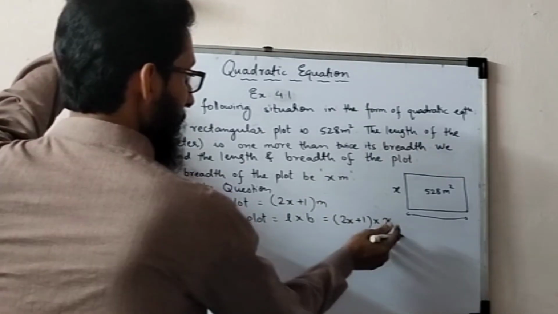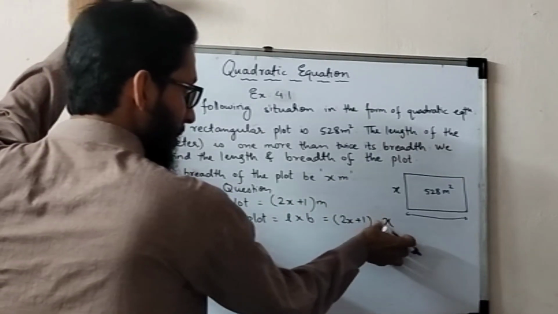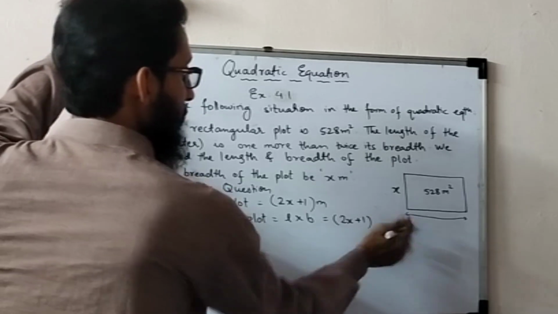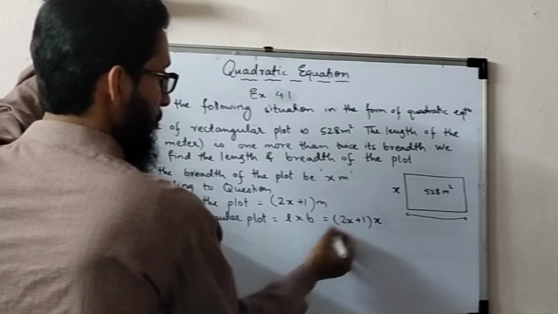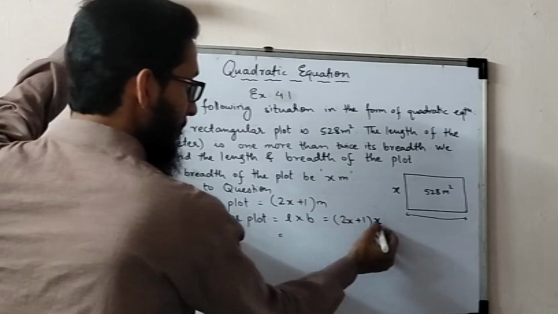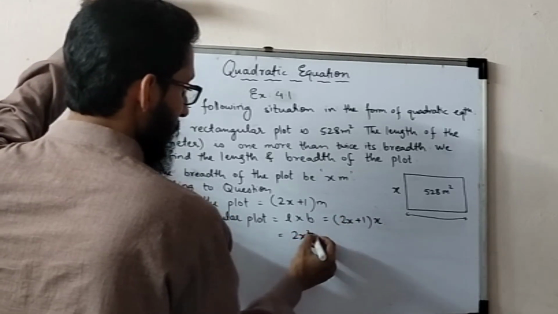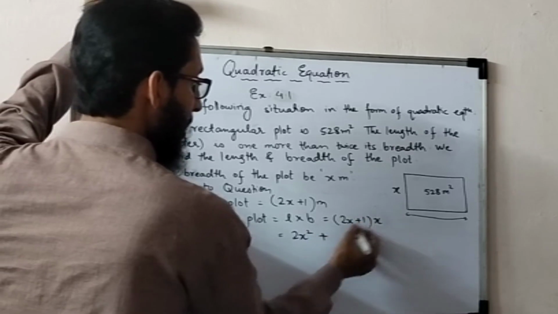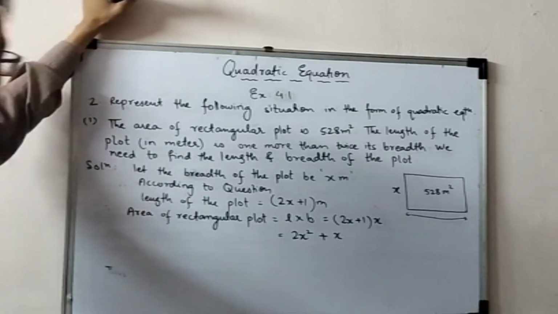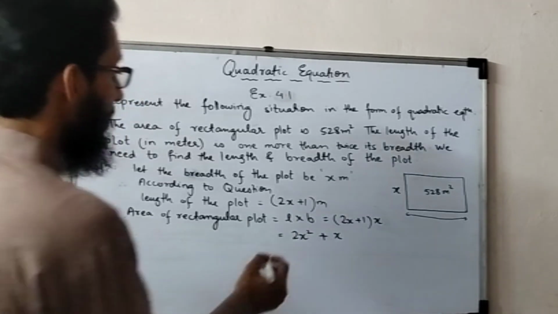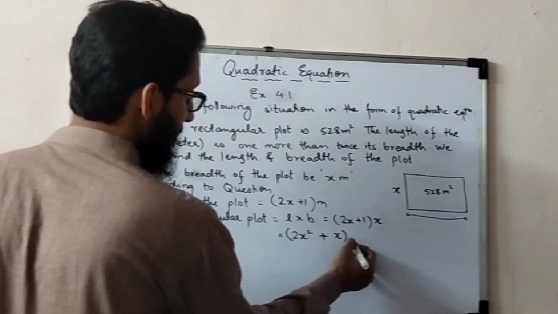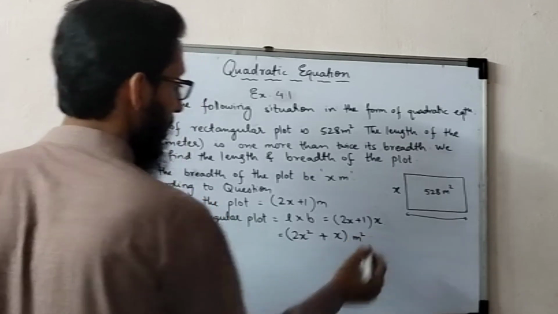Okay, so if I will not write this multiplication sign, it will also be okay. So I will multiply x to 2x. What will be the answer? 2x multiplied by x is 2x square, plus 1 multiplied by x is x. So the area of the rectangular plot we have got is 2x square plus x meter square.